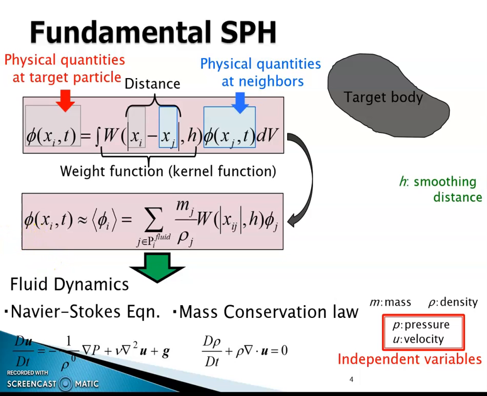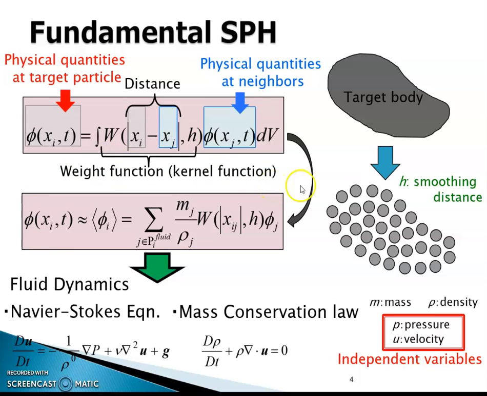The fundamental of SPH is based on the interpolation method. At first, the target body is discretized into particles, as shown here, and then the physical quantities of the target particle are interpolated based on the concept of the weighted average of the neighboring particles, called the smoothing kernel function.